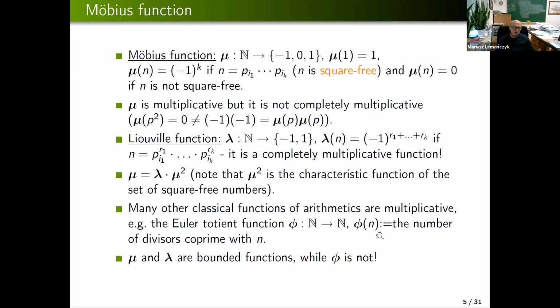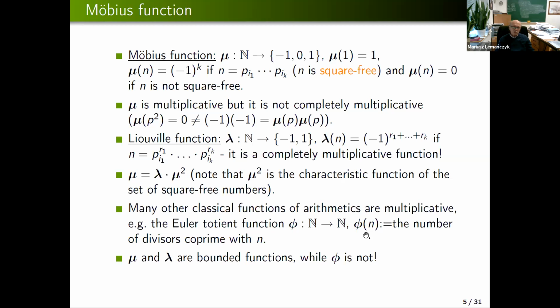So if you have any function which is somehow related to this multiplicative structure, the function you obtain will be a multiplicative function. A classical example is the Euler totient function: to compute its value at n, you look at all numbers which are smaller than n, and you compute how many of them are relatively prime, are coprime with n.